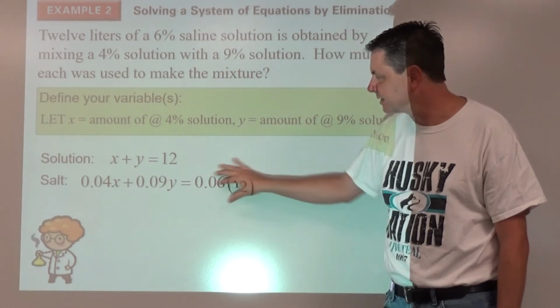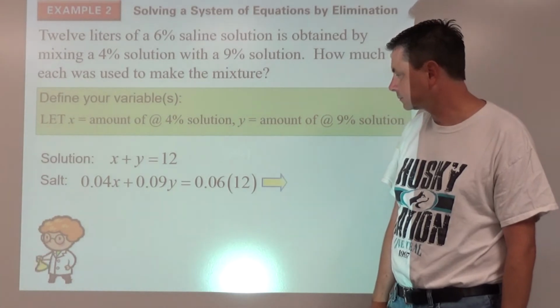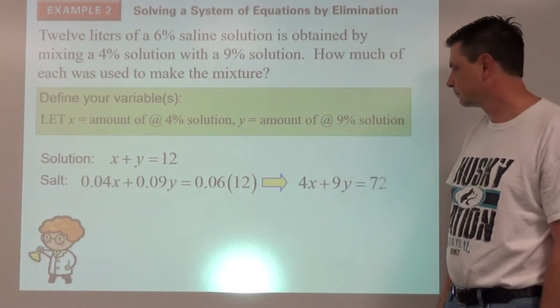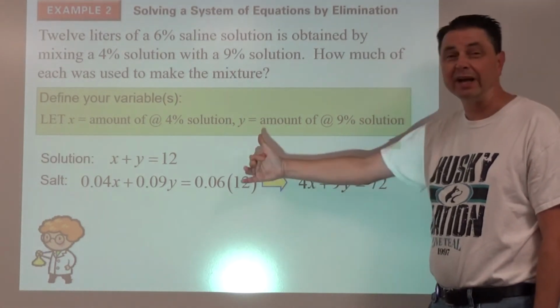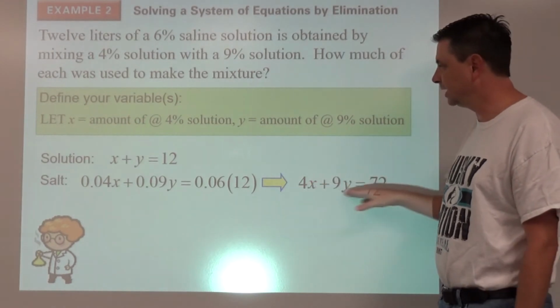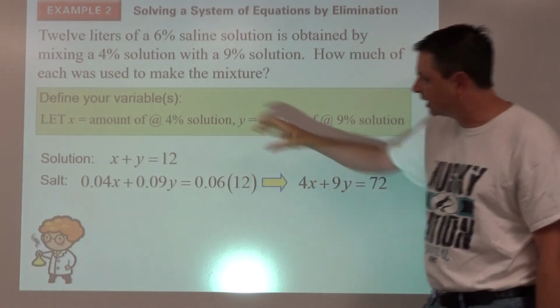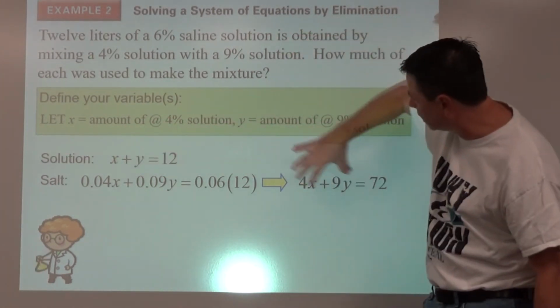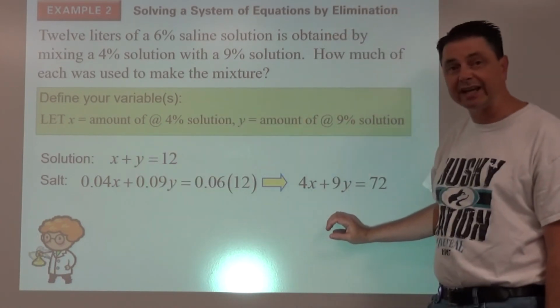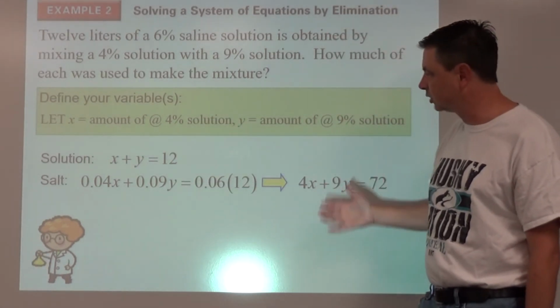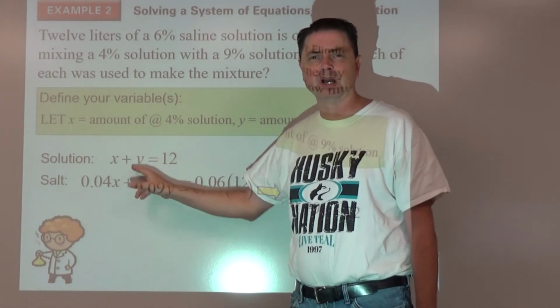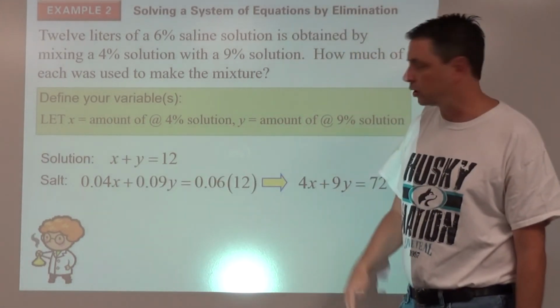So if we clean this up a little bit, multiply everything by 100, we get that. Now I'm thinking, well, we don't quite have the opposite, but we can create that pretty easily with multiplication. Coefficients of 1 are really nice, 1 or negative 1.